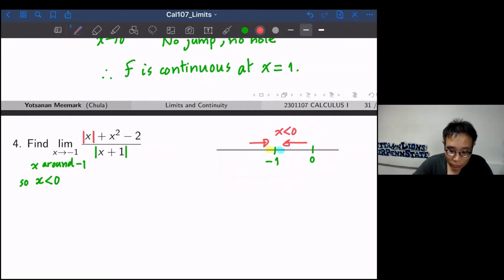So in this case, you can conclude that the absolute value of x turns out to be -x.